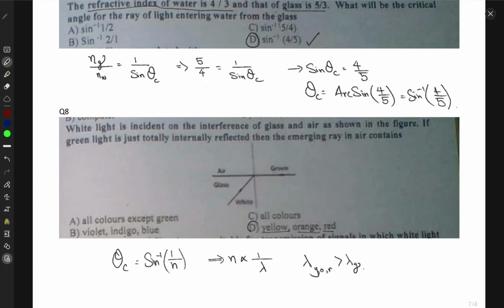So the correct option is option D. And so it cannot be violet, indigo, blue, or any other option, because the rest of the colors have a wavelength smaller than the wavelength of the green light, and so those rays will not emerge out. The critical angle for those rays would be smaller, and so they would also be internally reflected.